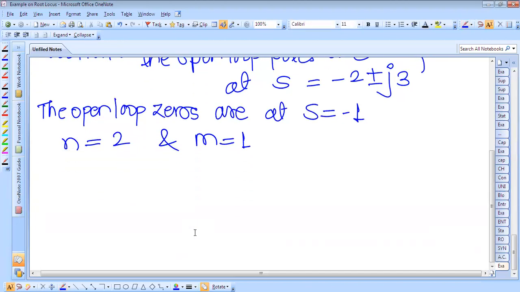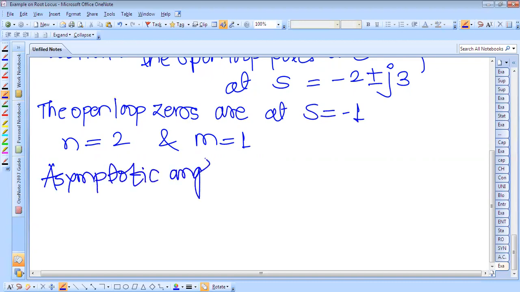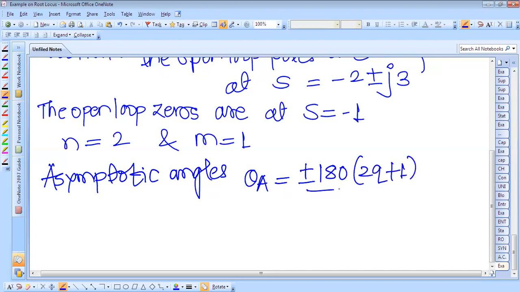Therefore, we have to find the asymptotic angle. Theta A is equal to plus minus 180 degree, 2q plus 1 by n minus m, where q is equal to 0, 1.